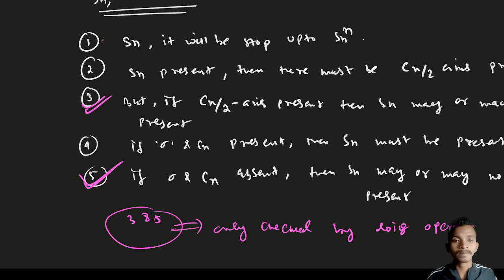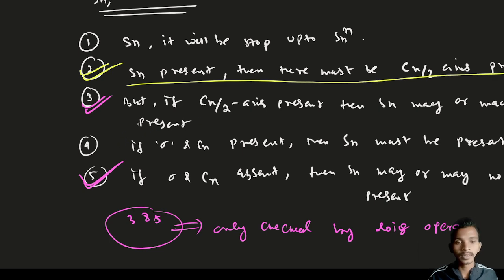But a point like if Sn is present, then Cn/2 must be present, this is always true. And if Cn and sigma h are present, this is true.